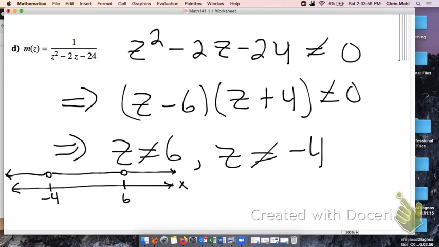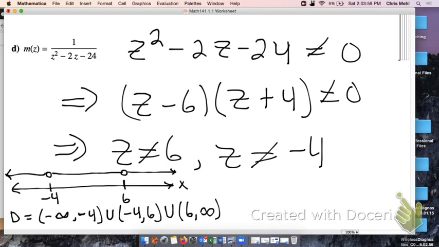You'll notice that this has broken up the domain into three parts. There's the part that represents numbers from -infinity up to -4. Parentheses means do not include. There's the numbers between -4 and 6. Parentheses means don't include those numbers. And then there's also the last set from 6 to infinity. So that's the interval notation for the domain.